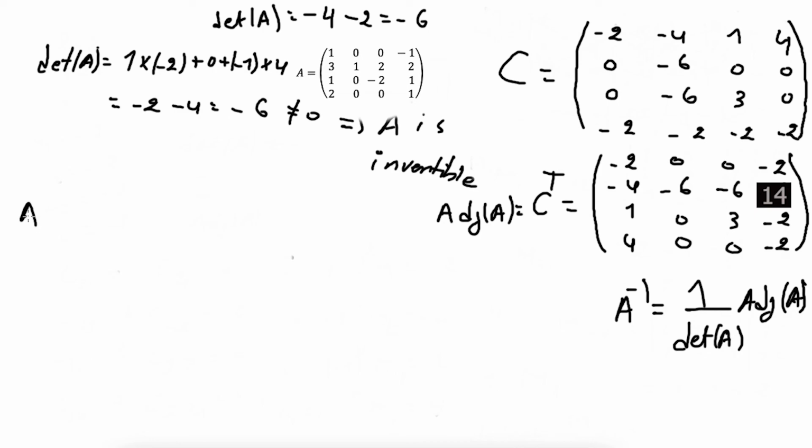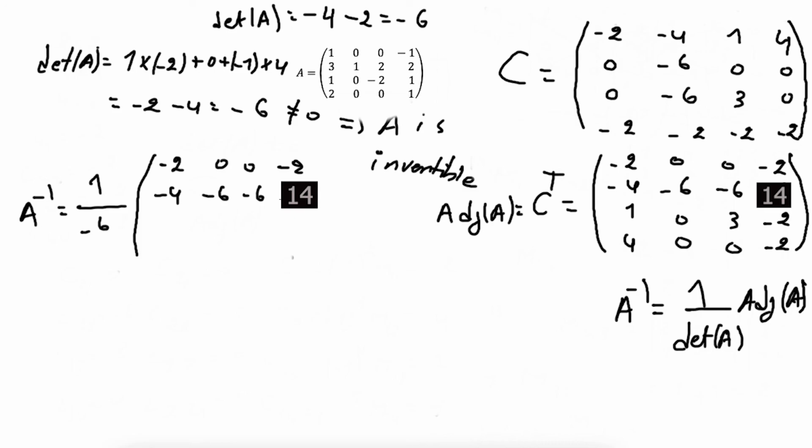So A minus 1 will be equal to 1 over determinant of A, which is minus 6, so 1 over minus 6 times this adjoint matrix here, so it will be minus 2, 0, 0, minus 2, minus 4, minus 6, minus 6, minus 2, 1, 0, 3, minus 2, and 4, 0, 0, minus 2.